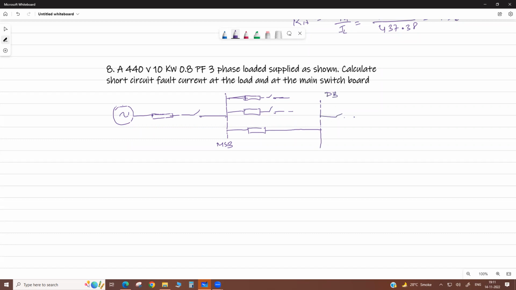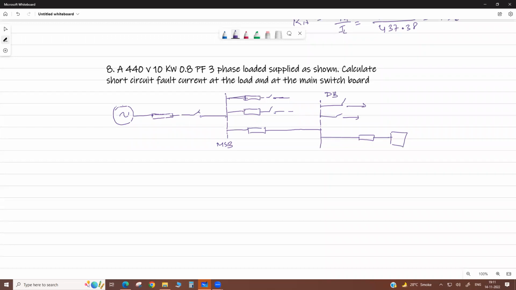Loads are connected to this DB also, but one particular load is connected through this. This is the load.